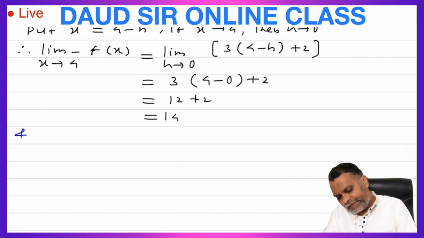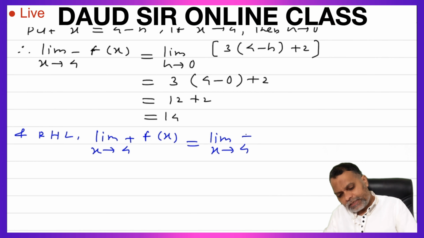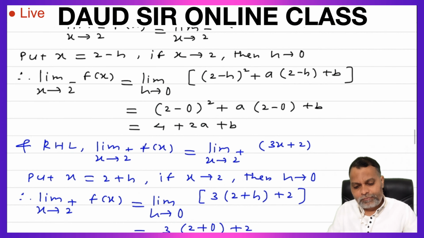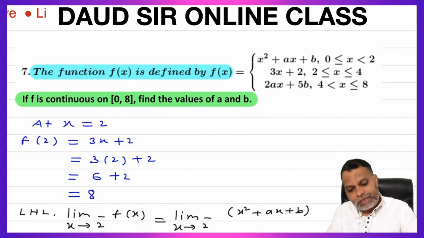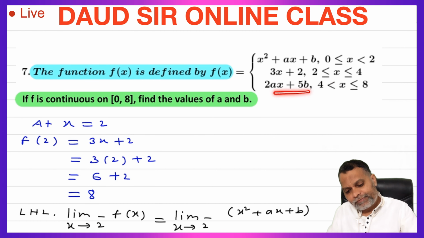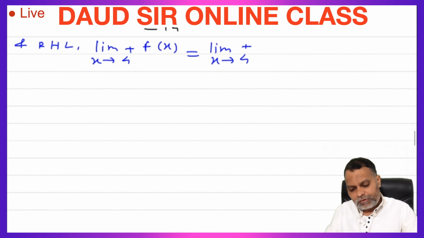And right hand limit, x tends to 4 plus f of x is equal to limit x tends to 4 plus, where x is greater than 4. Here x is greater than 4, so take this function 2ax plus 5b.